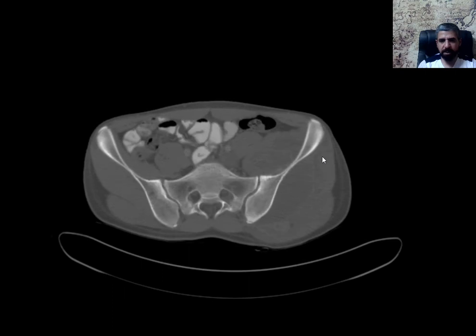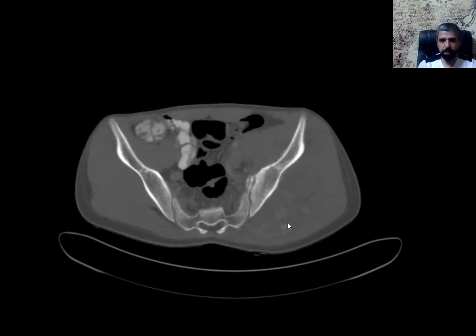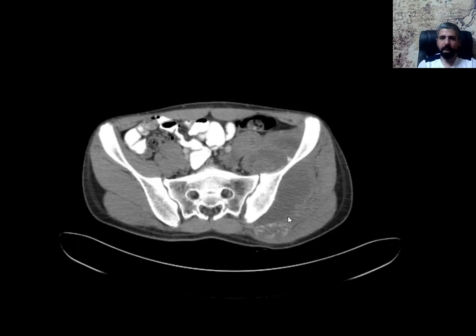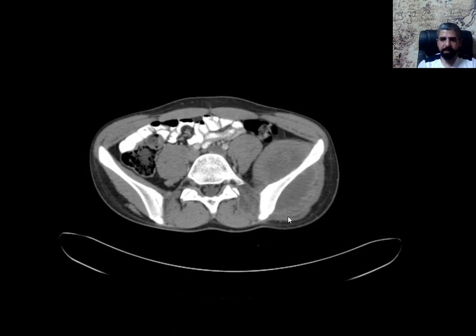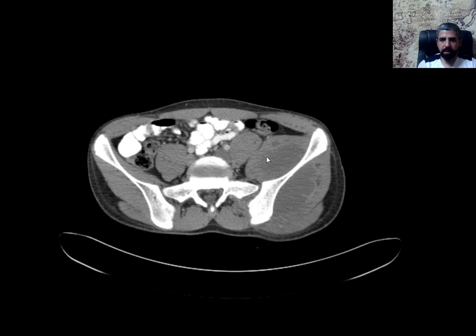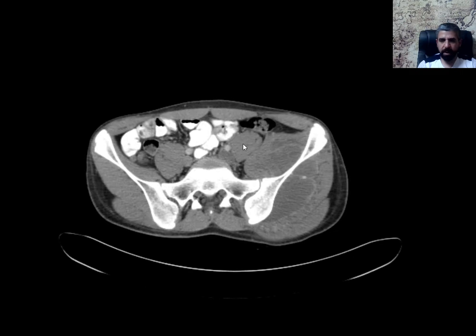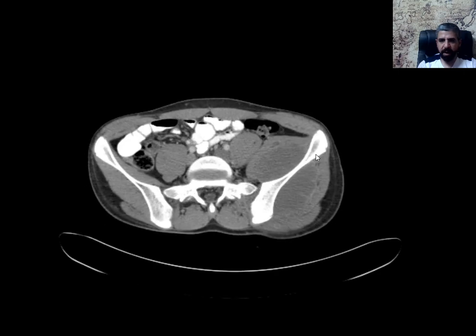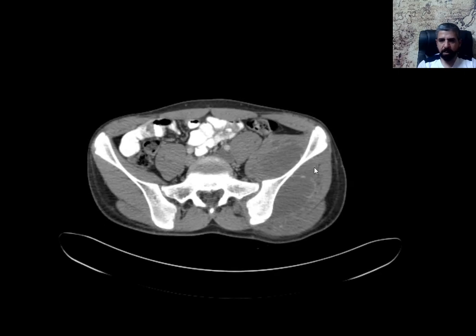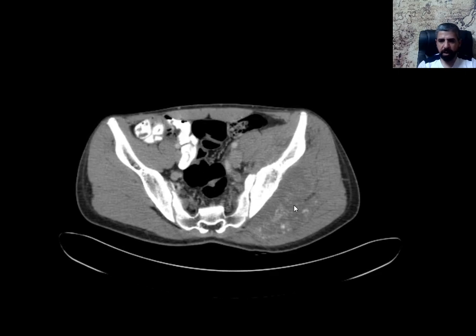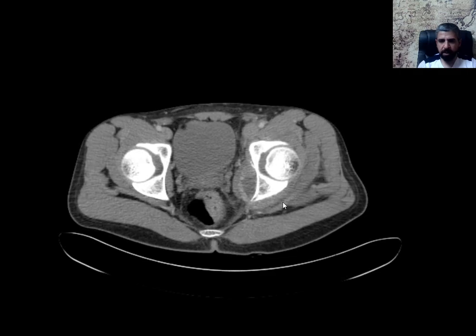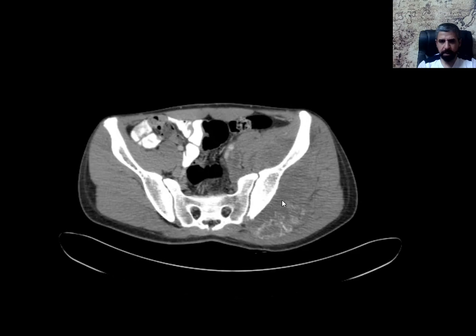And so basically there is a large, huge soft tissue component surrounding the left iliac bone, causing mass effect on the left psoas muscle and basically replacing the iliacus muscle, and also some invasion of the glutei muscles with obvious periosteal reaction, mostly sunburst type.